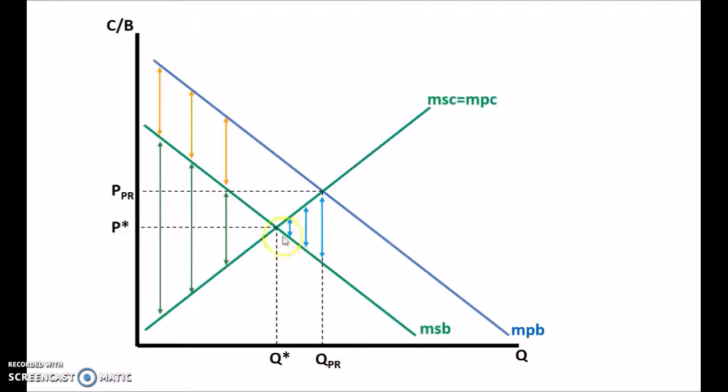Well, they don't want anything beyond Q star. But that's not a problem once we get past QPR, because at this point, MPC is greater than MPB, therefore, these quantities won't be produced. So it doesn't matter that society doesn't want them because the private market won't produce them.